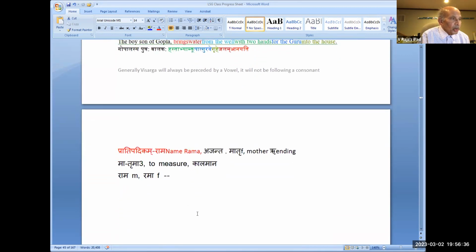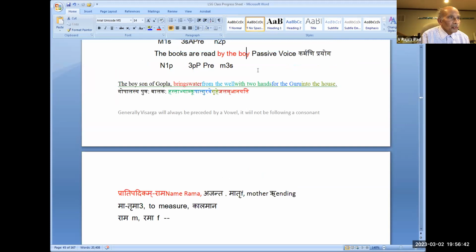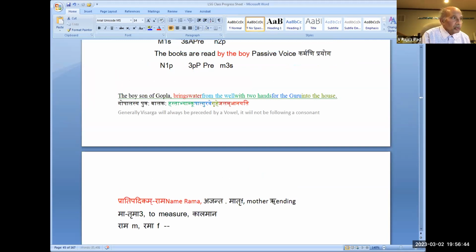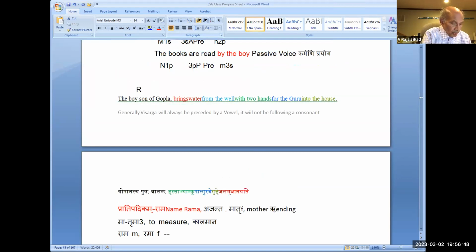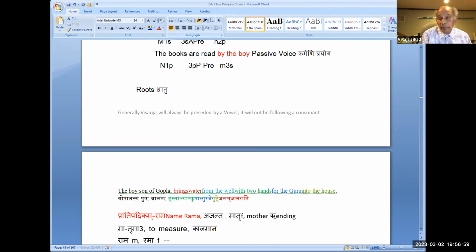So basically, what you have to know here is, when you come to roots, the roots are dhatu. And these dhatus have properties.